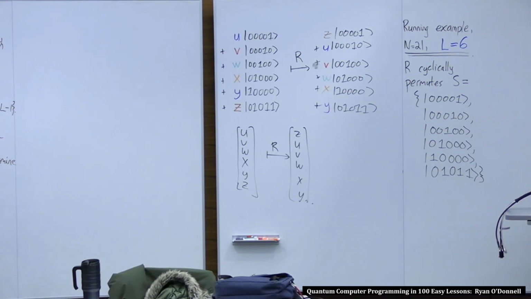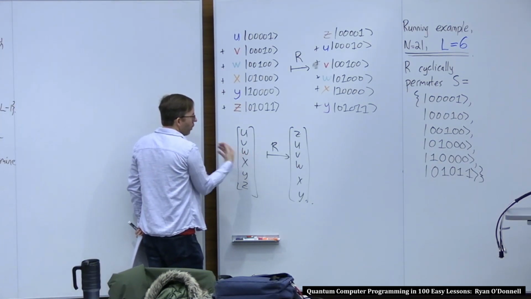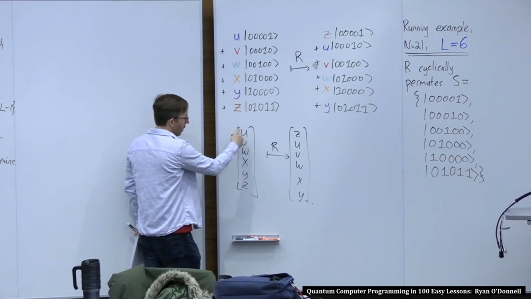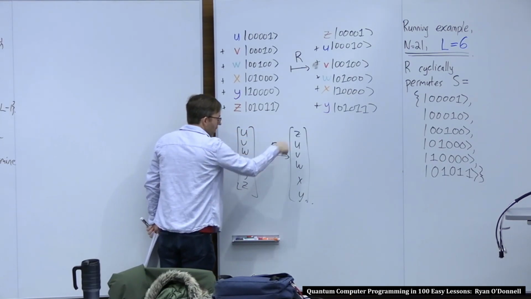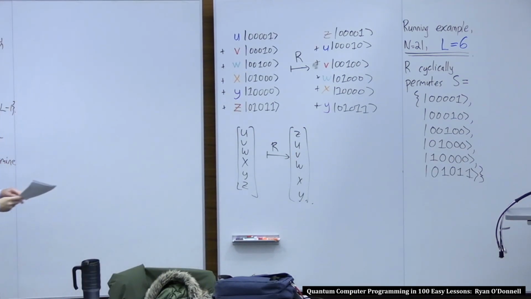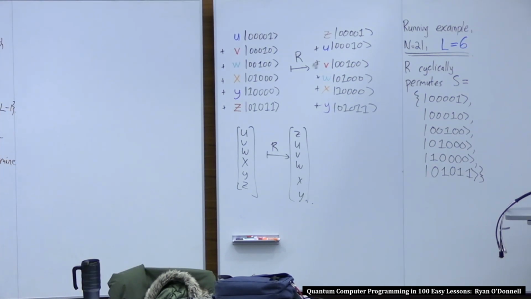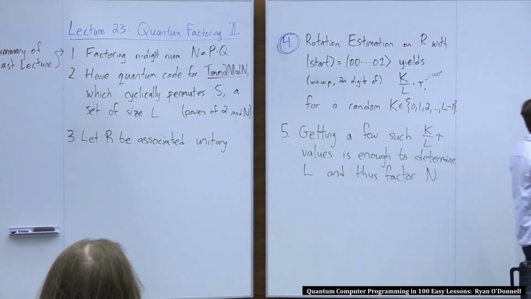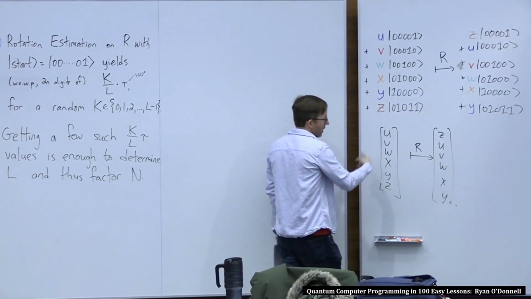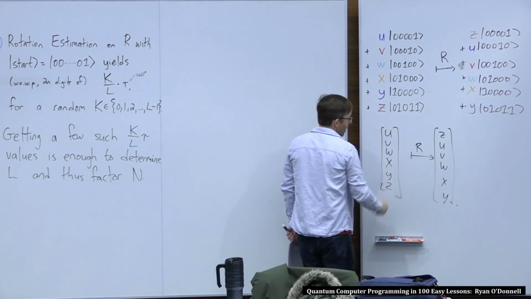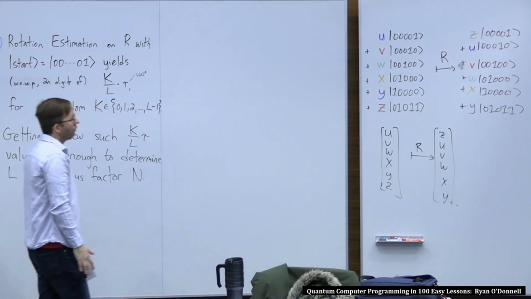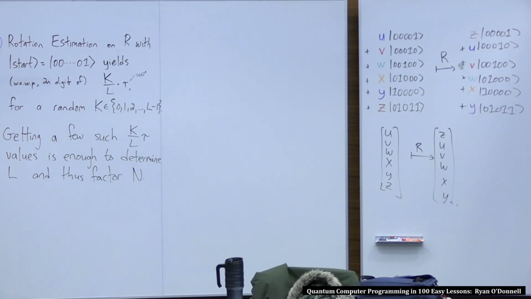And we just write our states like this. And now R really looks like this increment mod 6 operator, the operator that cyclically shifts down by 1. Okay, and this will make it easier for us to focus on the question we're after, which is: what are the 2-dimensional planes of rotation for this unitary operator? So this cyclic shift operator of length 6 has some 2D planes in which it's doing different rotations. We want to figure this out.